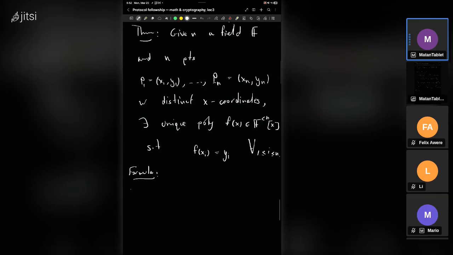You take, let's say, for any i0 between 1 and n, you calculate a specific polynomial Li0 of x. This is you take the product of x minus xj, where j runs over all indices between 1 and n that are not i0.